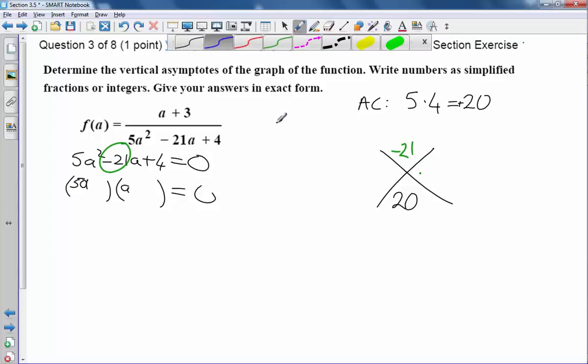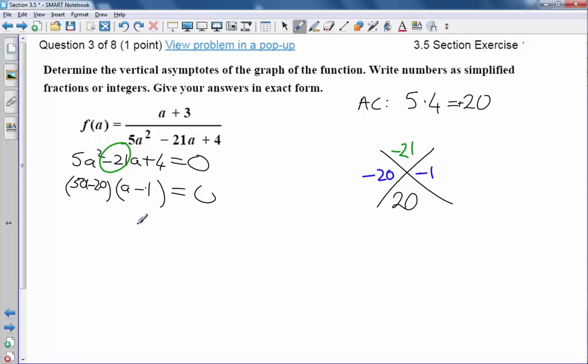-1 and -20. Yeah, that's how you got it done, minus 20 and minus 1. Because when I multiply them, it's positive. When I add them, it's minus 21. And then you put minus 20 and 1 here. Is that right? No, that part is wrong. AC method uses these numbers to break the middle term into two parts only.